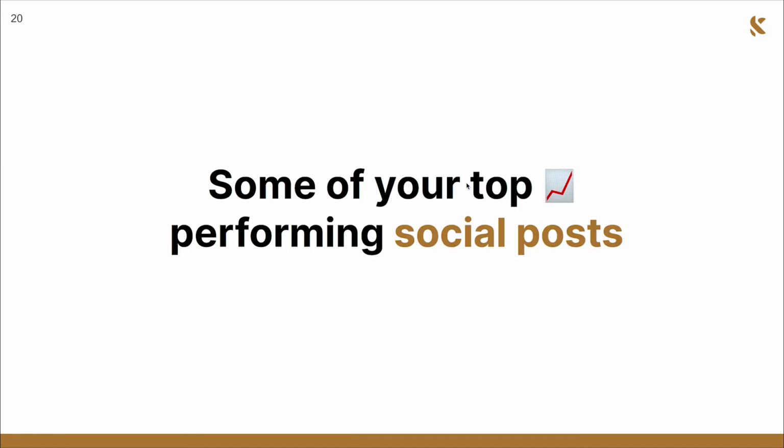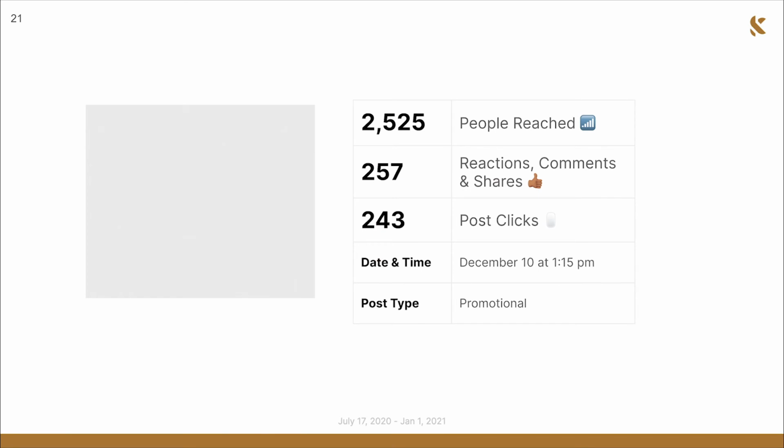Then what you want to do is make sure you report on your top performing social posts. Same thing as the website pages, right? You want to keep the same format. You can see how many people are reached, how many people engaged with it, and the post clicks and the date and time. And you'll see a post type. Every time we do a social post, I create labels for things and types because I want to be able to report on what this actually means.